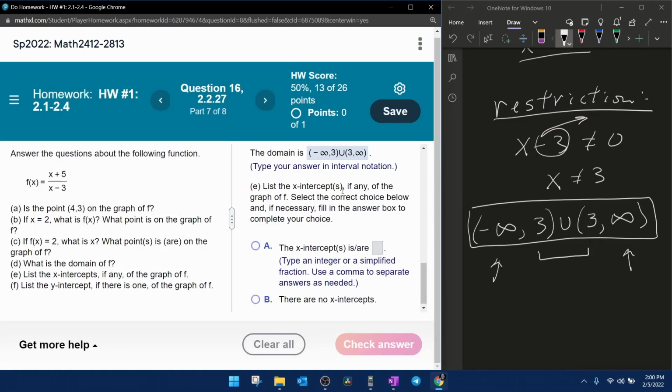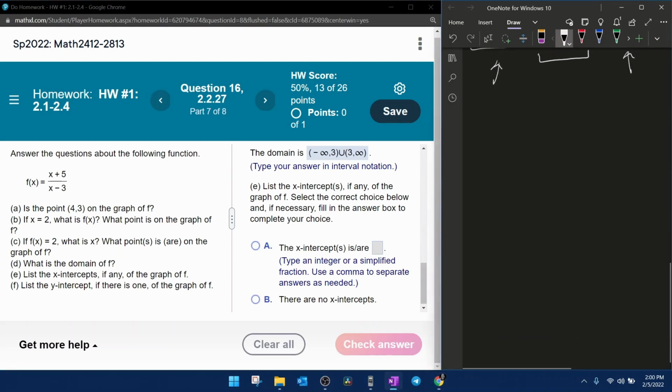List the x-intercepts, if any, and the x-intercepts occur when y is 0. So we're going to set f of x to 0, and we're going to solve for x. Now, if I multiply both sides by the denominator, that's going to get rid of the denominator, but 0 times anything is still 0.